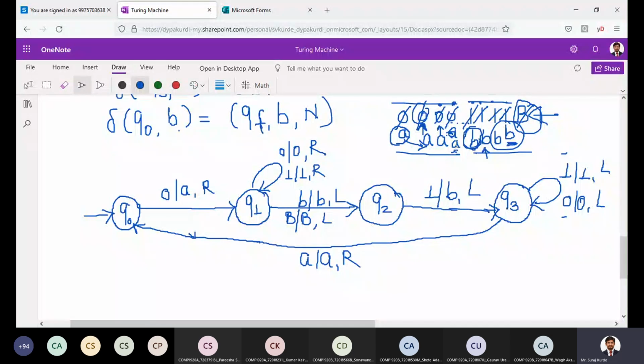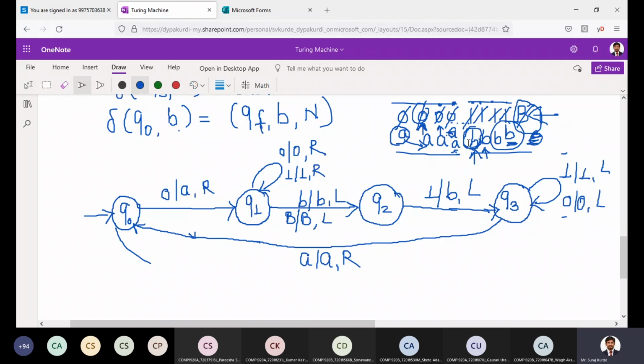So on the right of A, if we find B, go to the final state. There is no additional A. Number of 0 equals number of 1. So an additional 1 is not there, because after this there is no 0. There is no question of finding 0 after this and then matching it, because the statement is that you will find 0 before 1 and all ones after zeros.